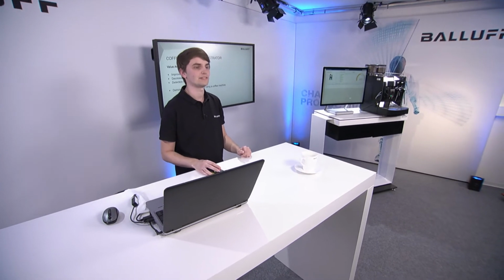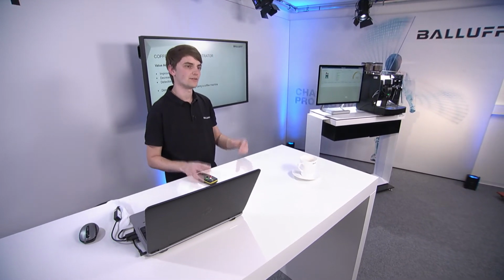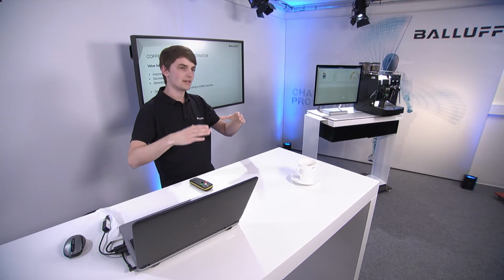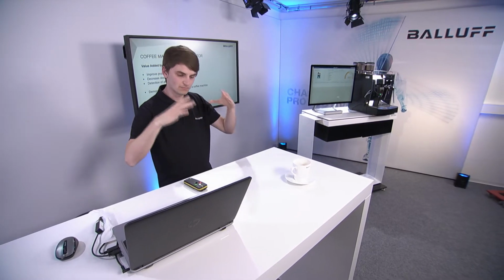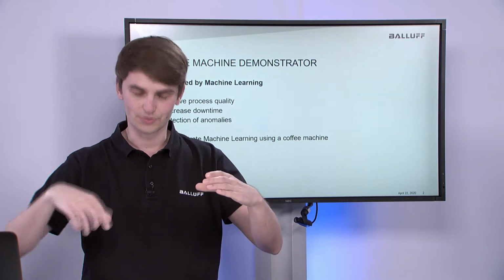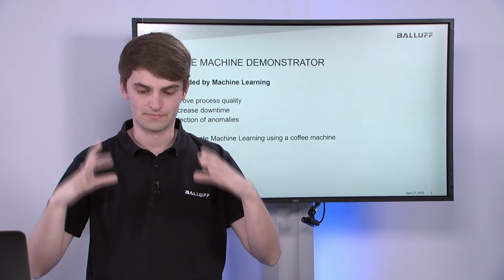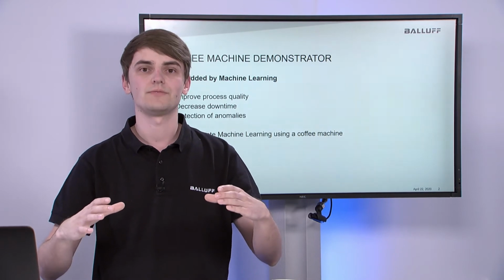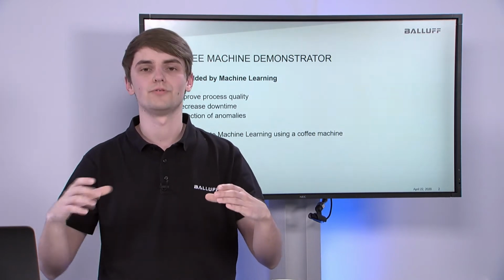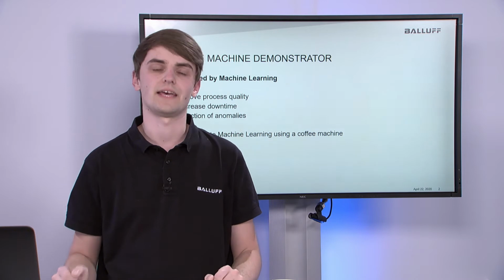Another thing is the detection of anomalies. Think of your machine: you train your model on the current stable state of your machine, and you want any outlier to be classified as an anomaly.